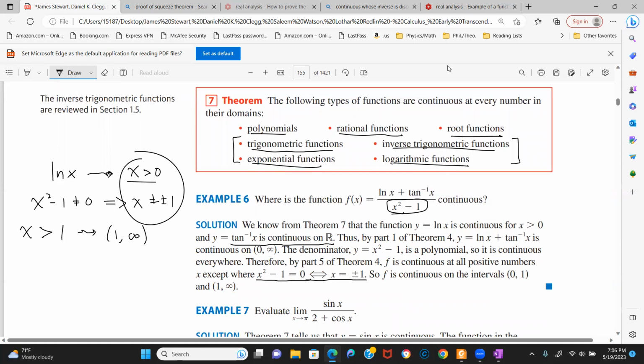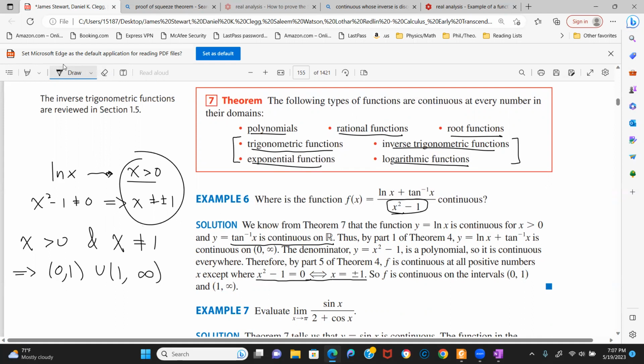Oh, I'm sorry, actually, not quite. Really what we need are the restrictions that x is positive and x is not equal to 1. And when you combine those, the domain is 0 to 1 union 1 to infinity.